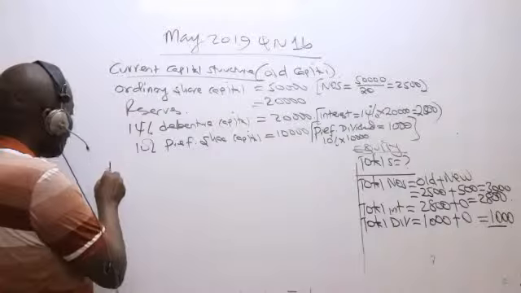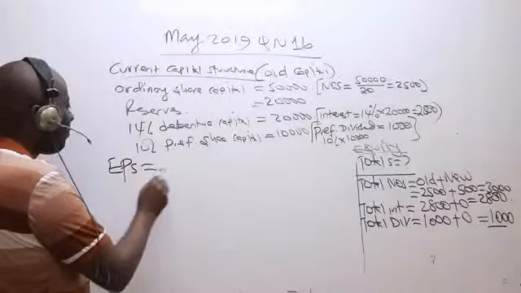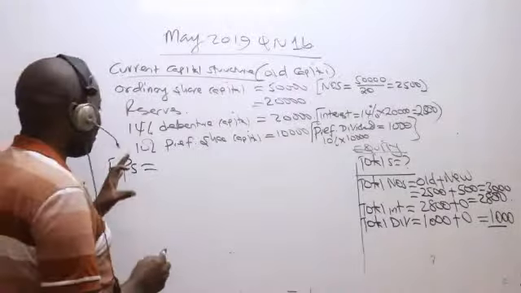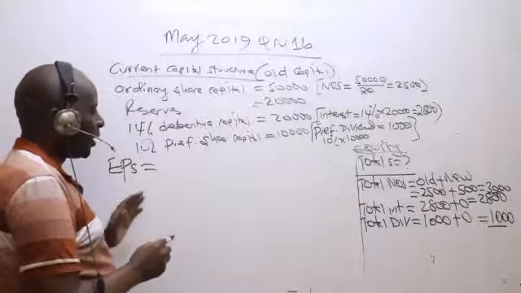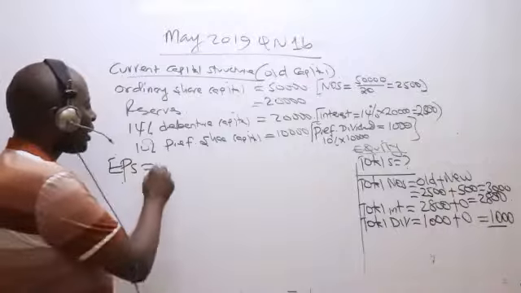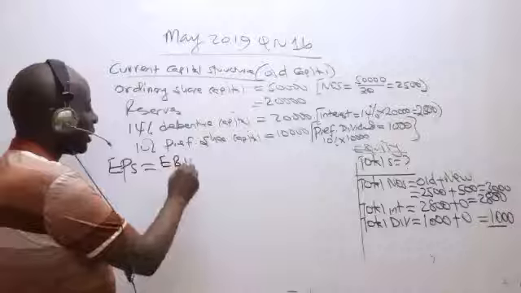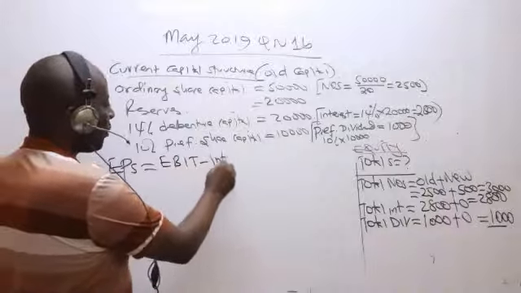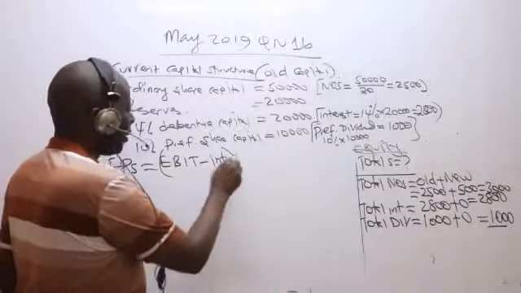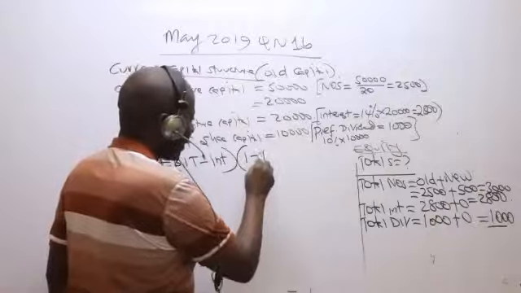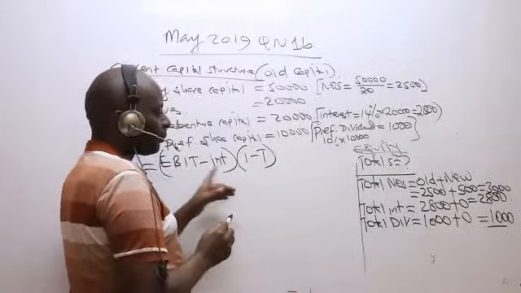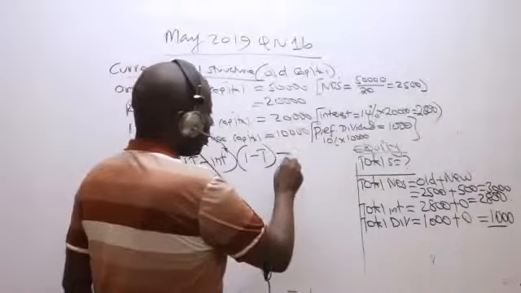So how do we get this EPS? Ladies and gentlemen, remember what I taught you here yesterday. To get EPS, we shall take EBIT minus interest, into what here, somebody? We must less tax there. And then we subtract what here, somebody?